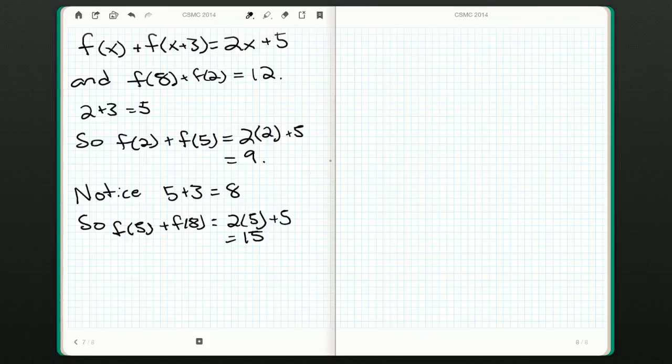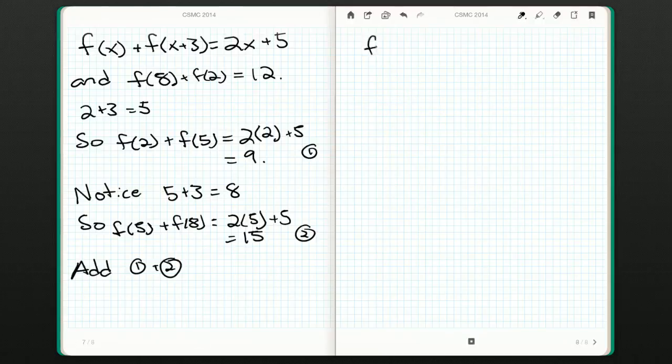Okay. We might call this 1, we might call this 2. So we have these guys, and we could probably work them out and get ourselves a relationship. What I'm going to do is I'm going to add them. I don't have enough room down there, so I'll add them up here. f of 2 plus f of 5 equals 9.